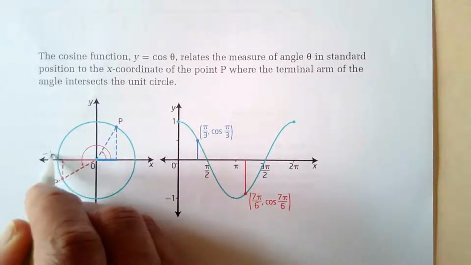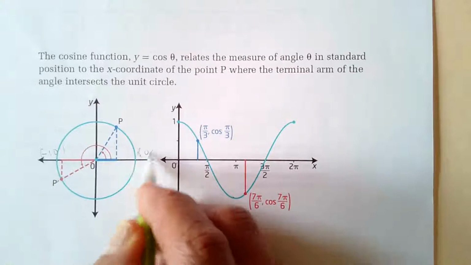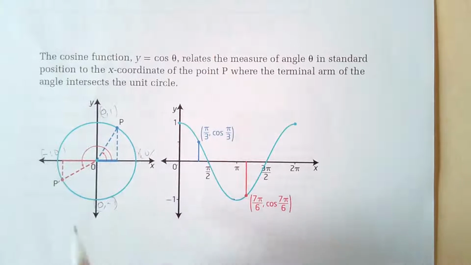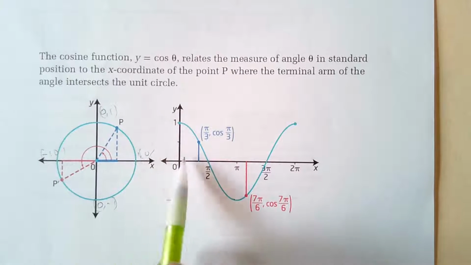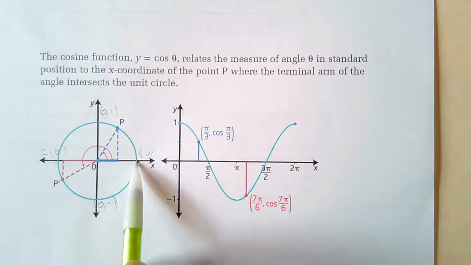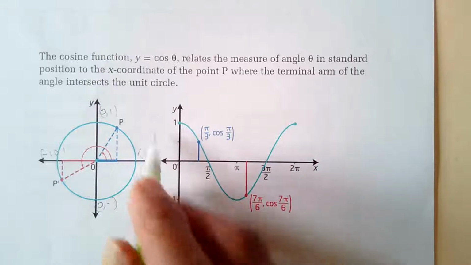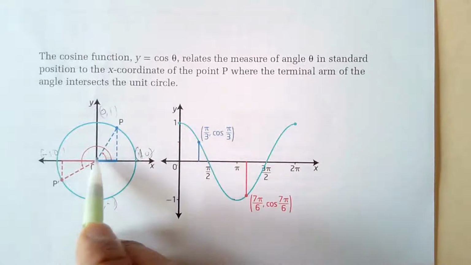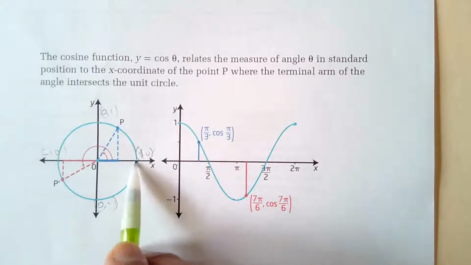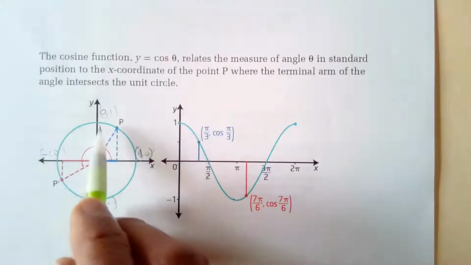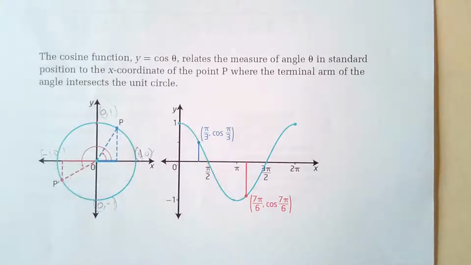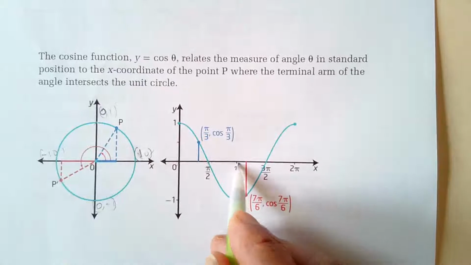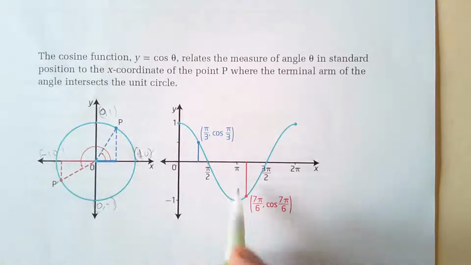So I transfer: when x is 0, cosine is 1. When x is pi over 2, cosine is 0. When x is pi, cosine is negative 1.